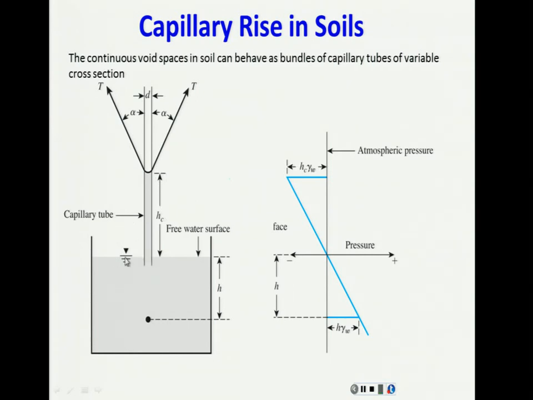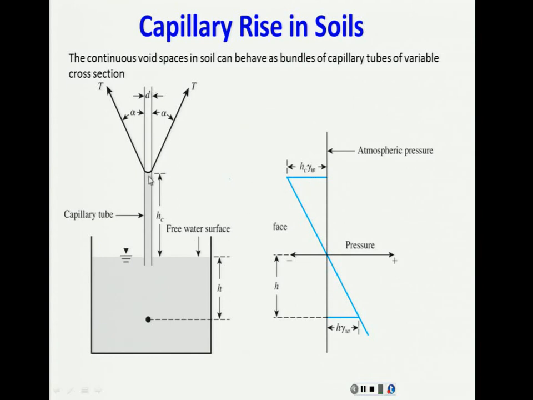Basically, if you see this sketch here, what is happening with the water pressure is from here and down, the water pressure is going to be H times gamma W. But if you go up, it's going to be a negative pressure for water pressure of HC times gamma of the water.